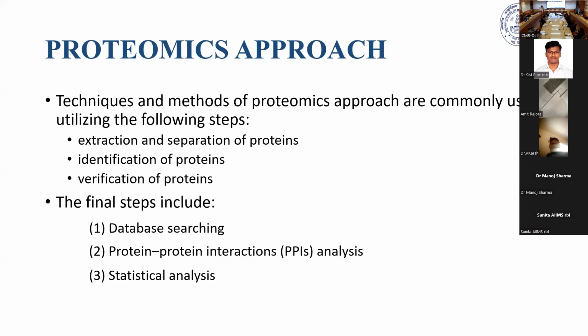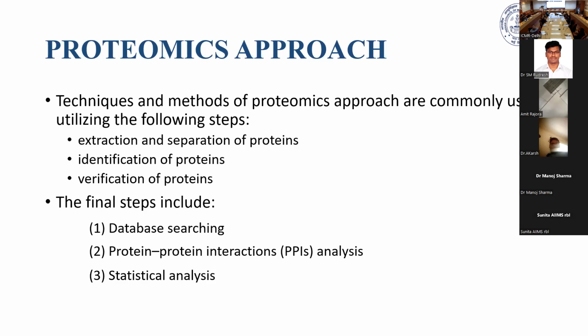How do we use the proteomic approach to identify a new biomarker? It will have multiple steps. You have to identify at which step your hypothesis is focusing, and based on that, you have to choose your techniques. If you already have some identified proteins which you want to either validate or associate with a particular disease, then you would be entering this whole flowchart somewhere in between.